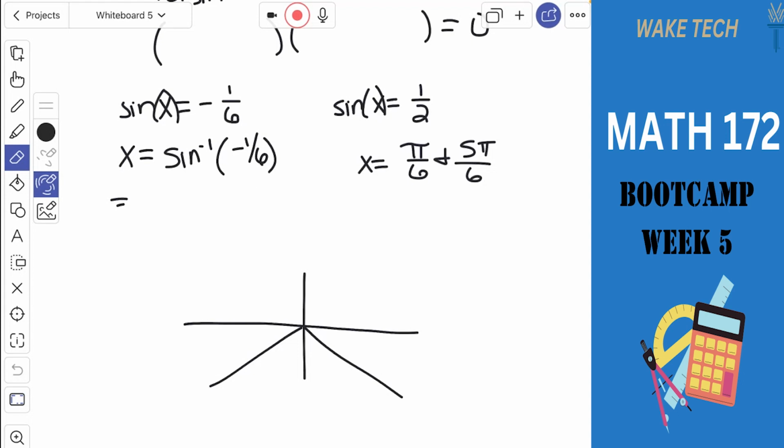Oh, I need to be in radian mode. So inverse sine of -1/6, make sure you're in radian mode. I was not, and I got a funny looking answer.